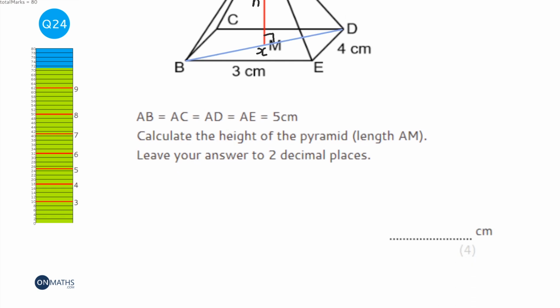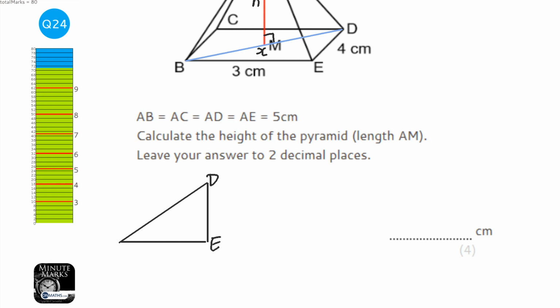Okay, so I'm going to draw out the two right angle triangles I'm using. Triangle DEB, first of all, to work out what x is. We call this one x, this one is 4 centimeters, and this one's 3 centimeters. And then we're going to work out what the height is.